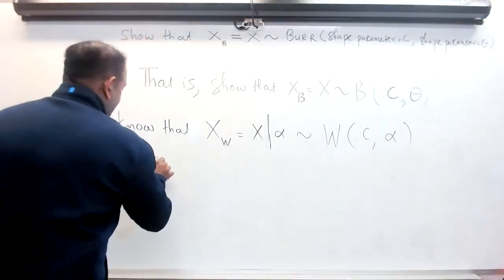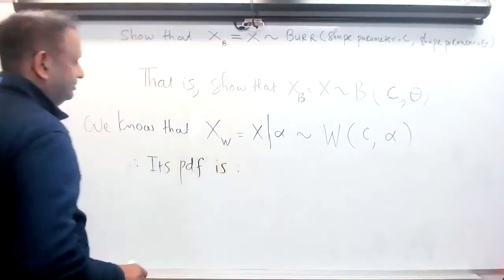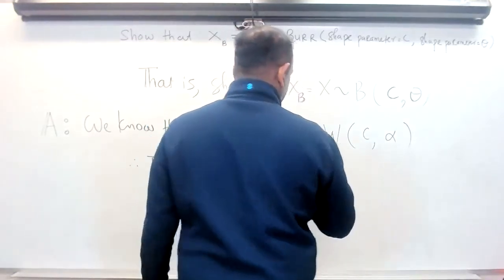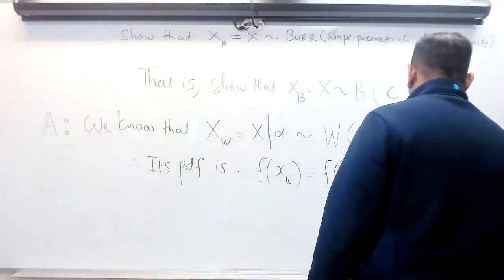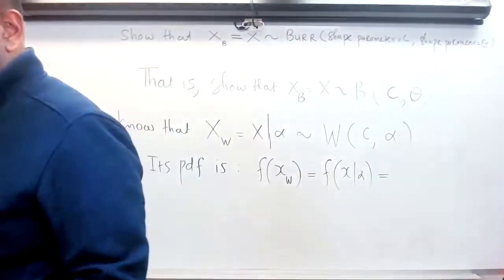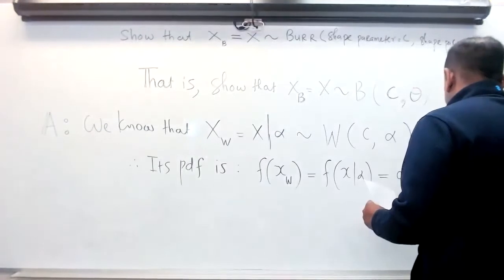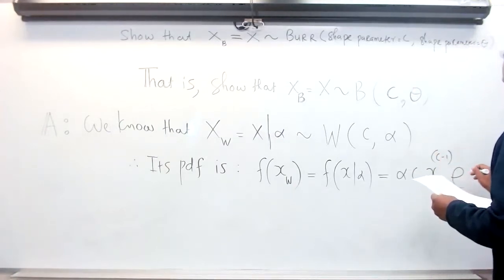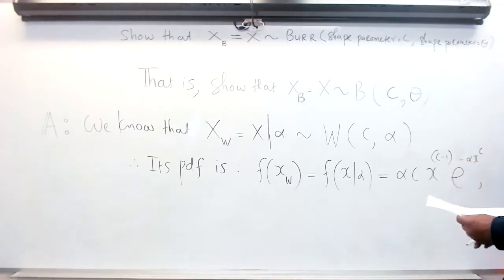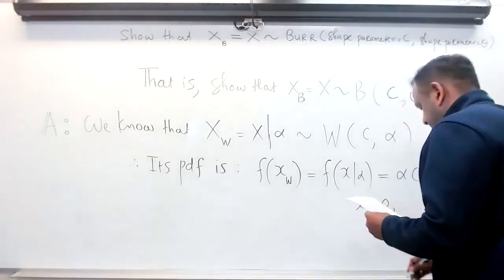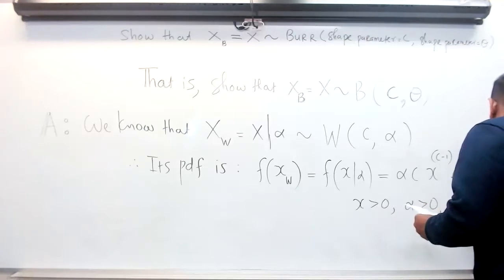Therefore, its probability density function, f of XW, which is f of x given alpha, is nothing but alpha C x to the power of C minus 1 e to the minus alpha x to the C, where x is positive, alpha positive, and C also positive. Those are the domains.